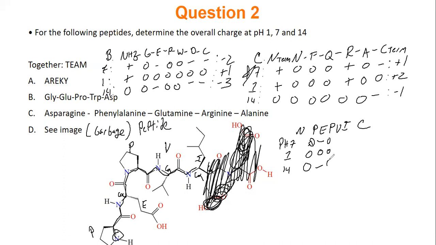P, just did that. V, neutral throughout, doesn't have a pKa. I never has a pKa. C, negative at 7. When we get to low pHs, it becomes neutral and it stays negative at high pHs. So PEVI, or PEVIC, is -2 at 7, 0 at 1, -2 at 14.